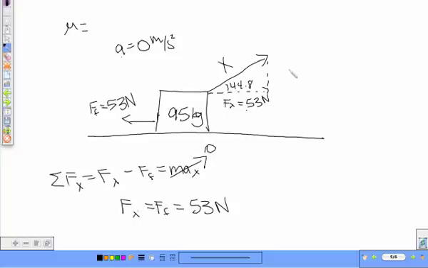So we have 53 divided by the cosine of 44.8. 74.7. There we go. Let me look and see.